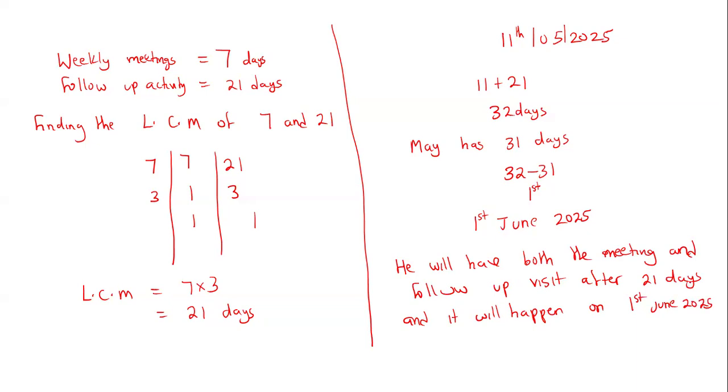So that is how, but someone could say, and it occurred on the 1st of June 2025. And it happened on the 1st of June 2025 because it is now past. So that's how you go on and respond to that particular item.